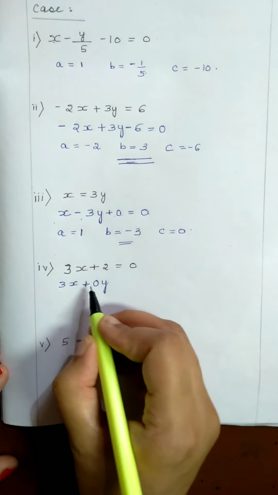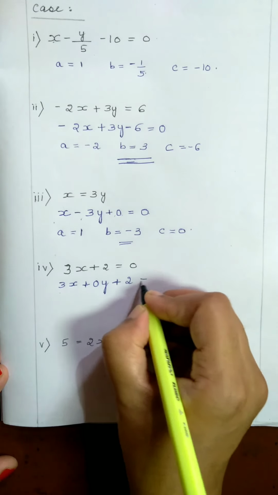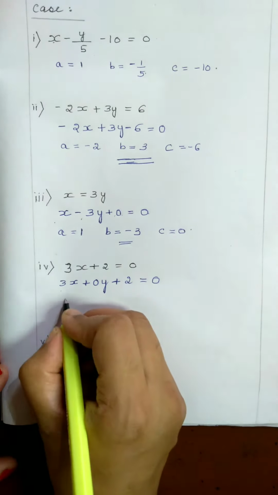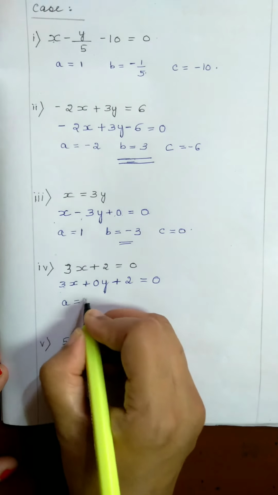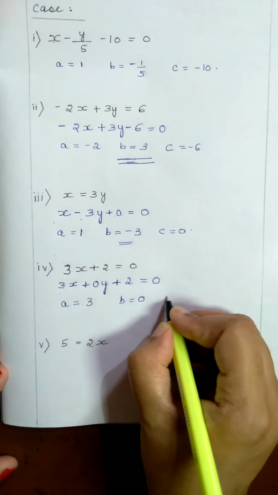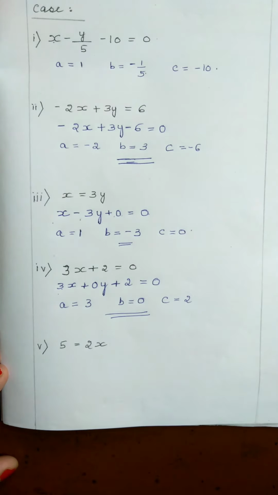So ax plus by plus c is equal to 0, which is in the standard form. Now the value of a will be equal to 3, the value of b will be equal to 0, and the value of c will be equal to 2. This is the answer.